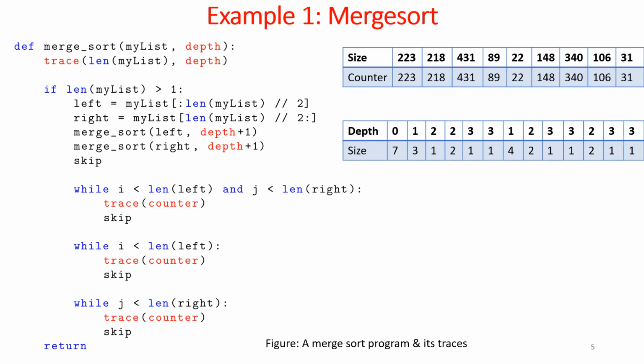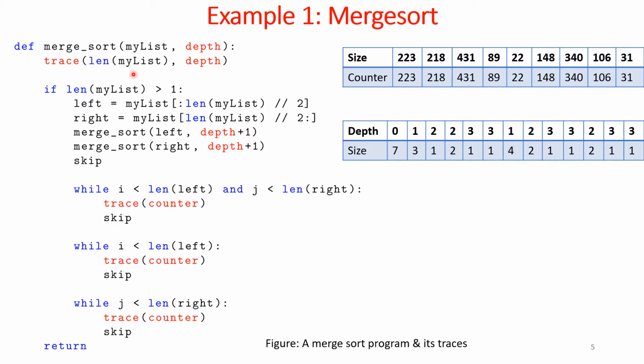This example demonstrates how Dynaplex computes the complexity of merge sort. On the left, we have a recursive implementation of merge sort in Python. We replaced a lot of statements with the skip statement for the purpose of presentation. The lines of code in red represent the instrumentation code added to collect traces.